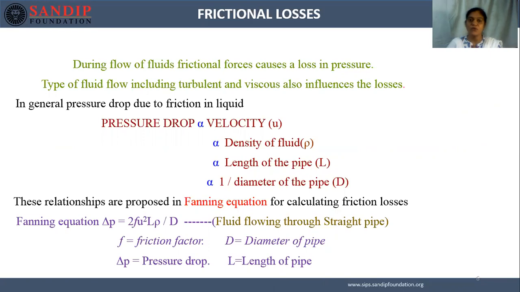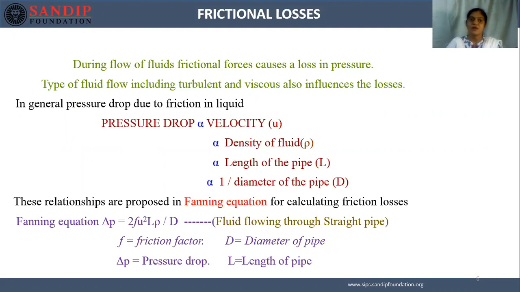The type of fluid flow, whether turbulent or viscous, influences the losses. What do you mean by turbulent flow and viscous flow? We already discussed this in the very first lecture, in Reynolds experiment.